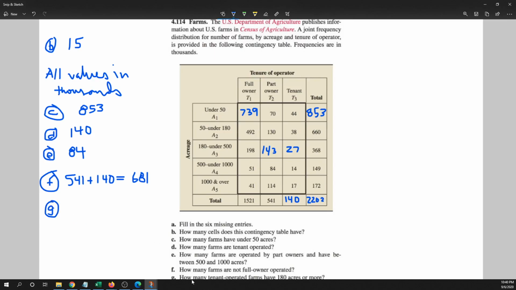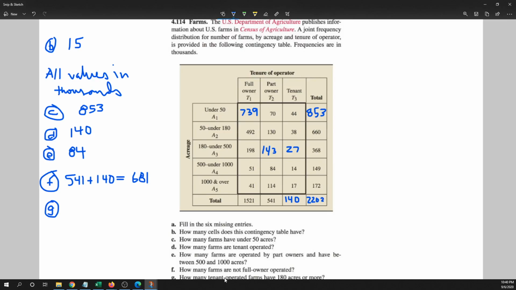All right, part G, how many tenant operated farms have 180 acres or more? Okay, so 180 acres or more would be these here. So these rows, these last three rows right here before the total. Oh, sorry, I misread that.